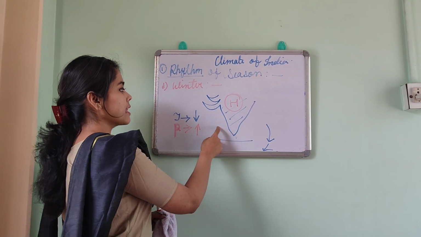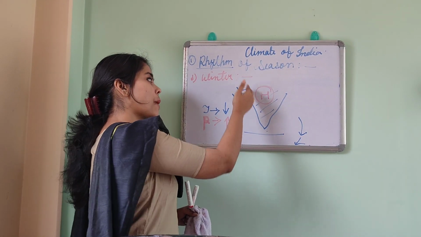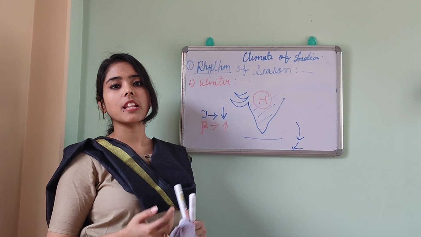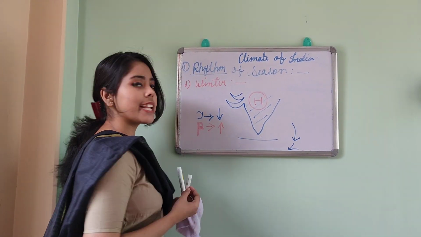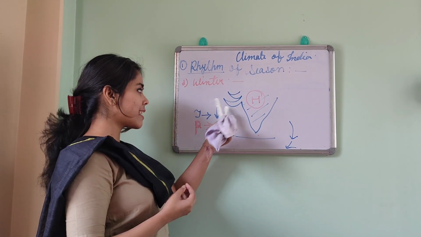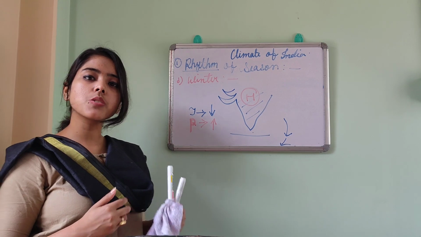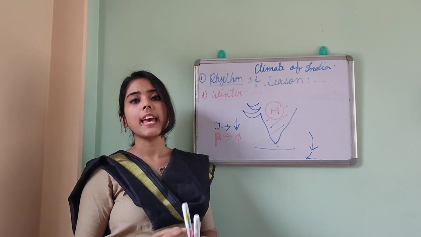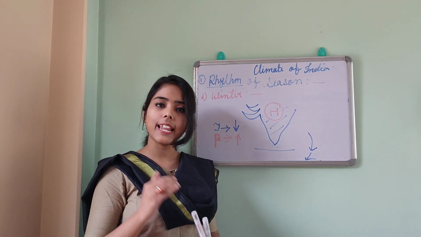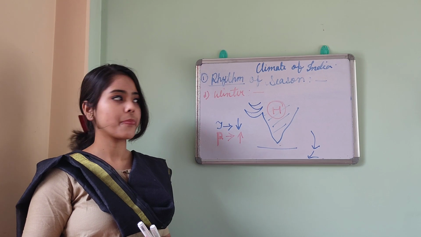This is completely the opposite condition of summer season. So in some places like Punjab, Rajasthan, these places will experience very low temperature. Suppose in Rajasthan, though it is a desert area, the temperature will not vary so much, but in Punjab, Bihar, UP, you can experience very low temperature, below 10 degrees or below 15 degrees.